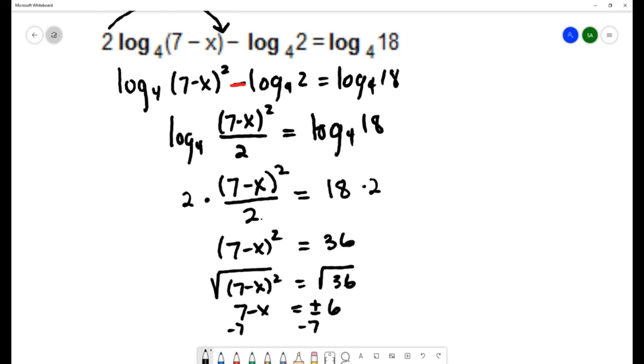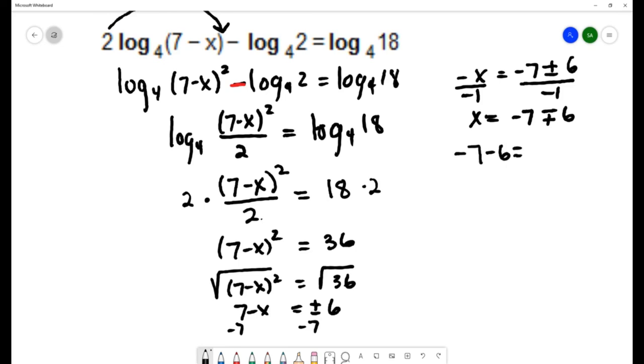And that gives me negative x equals negative 7 plus and minus 6. I'll divide by a negative 1, and that would give me x equals negative 7 minus and plus 6. Negative 7 minus 6 is negative 13. Negative 7 plus 6 is negative 1. So those are my two potential solutions.